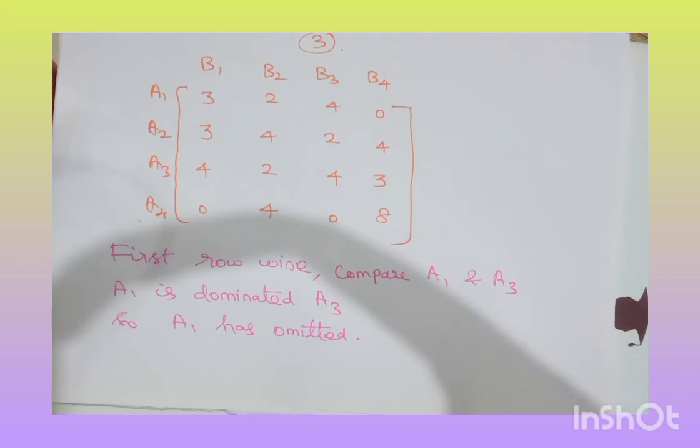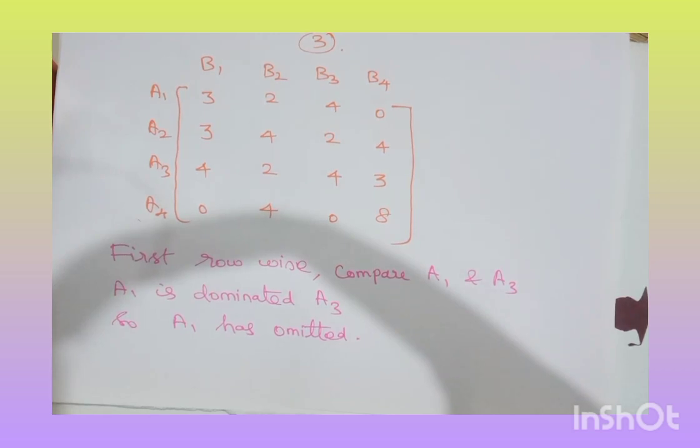Then 2 and 2, the same. Third value 4 and 4, A1 still smallest.